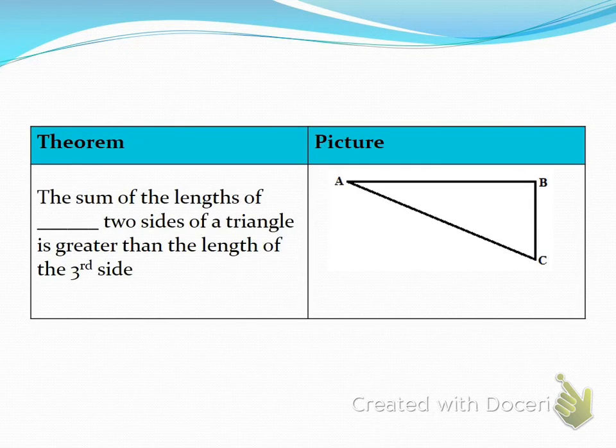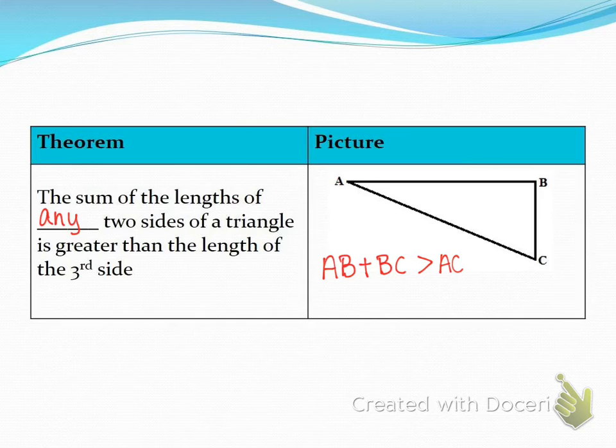Okay. Next theorem. The sum of the lengths of any two sides of a triangle is greater than the length of the third side. So if we add up any two sides, for example, if we were to add AB plus BC, if we add those lengths together, it needs to be greater than AC.